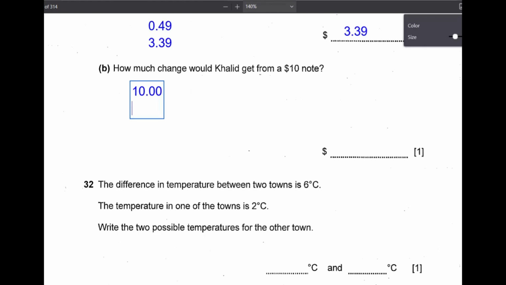10.00 minus 3.39. And then you do the subtraction. When you do subtraction, remember, you cannot say 0 minus 9, so you need to borrow from this one. This one you're going to cancel. This one will be 0.